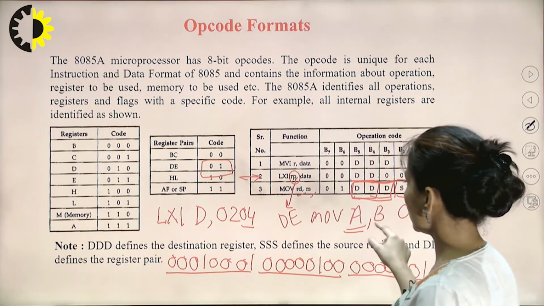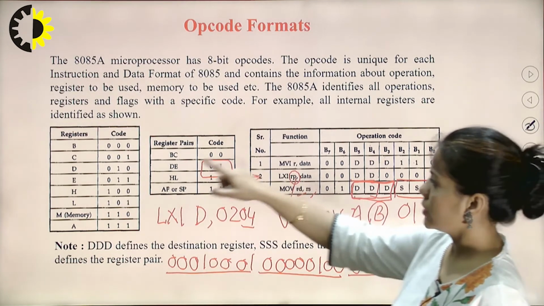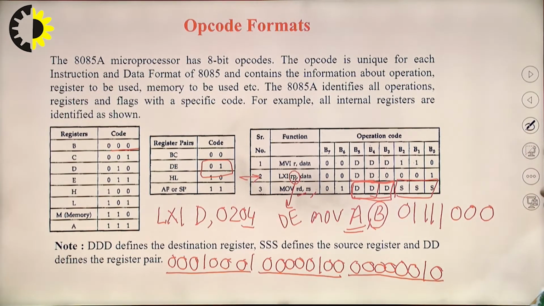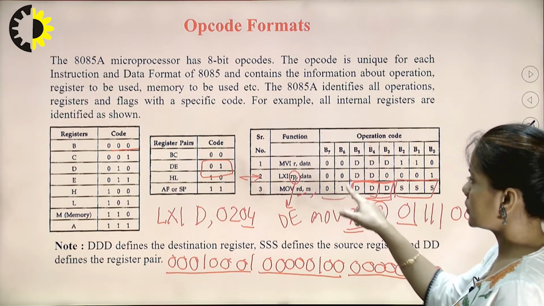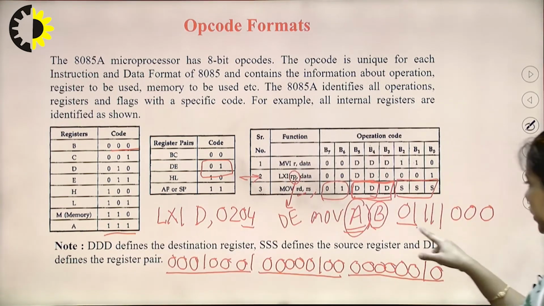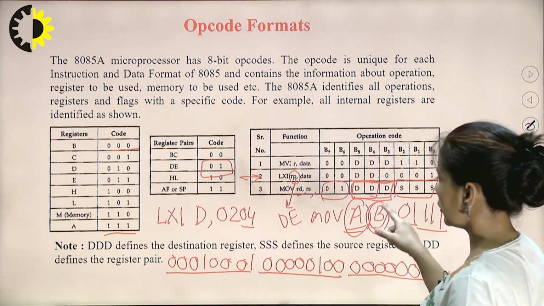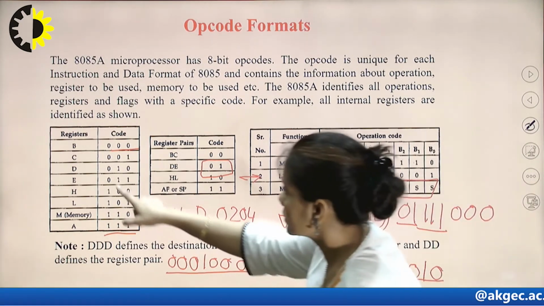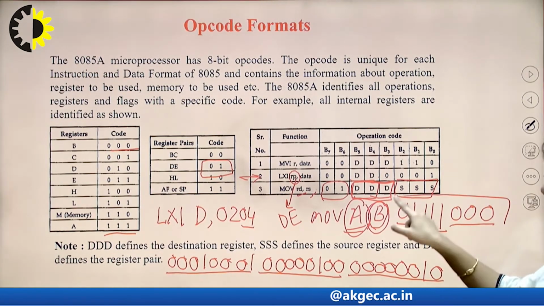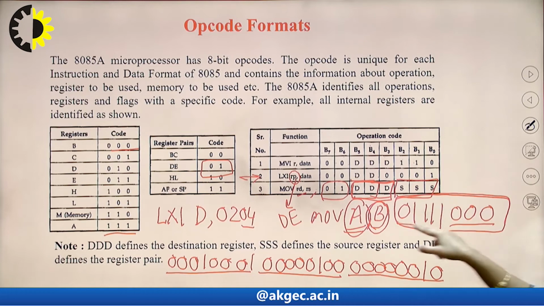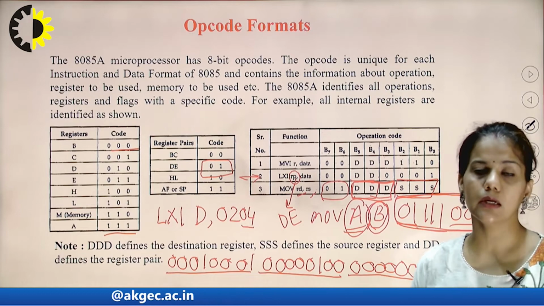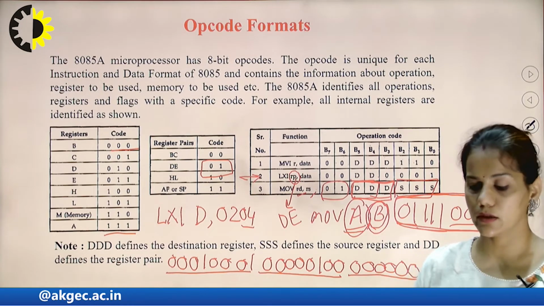DDD means destination A, and the code corresponding to A is 111. The source is B, and the code for B is 000. So here 0 1 is already specified, then 111, then 000. So this is the opcode for MOV A comma B. In this way, this is how we will find out the instruction formats for any given instruction.